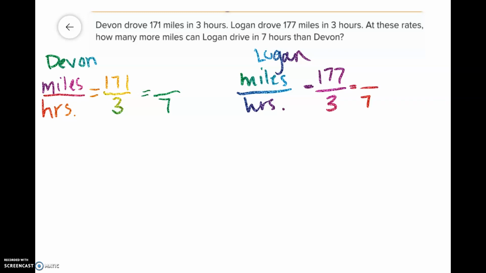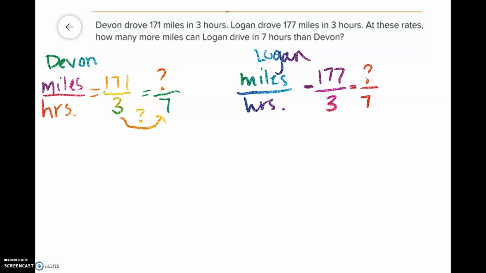And I need to find out how far he can drive in 7 hours as well. So here we are, we have two separate people who are driving at different rates, but I need to convert those rates from 3 hours to 7 hours. And as you are probably already seeing, there is not a good way to turn a 3 into a 7.